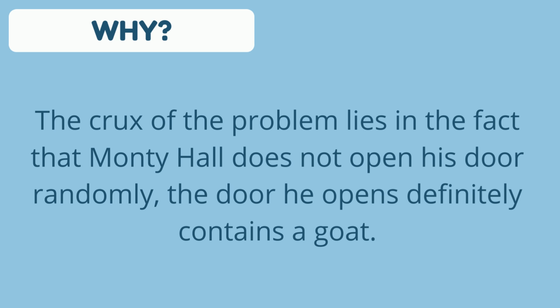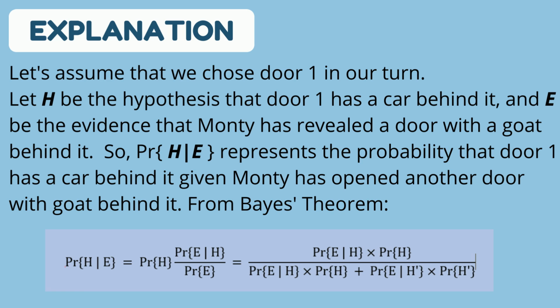Let's see its explanation. Let's assume that we choose door number 1 in our turn. Let H be the hypothesis that door 1 has a car behind it, and E be the evidence that Monty has revealed a door with a goat behind it. So probability of H given E represents the probability that door 1 has a car behind it given Monty has opened another door with a goat behind it.